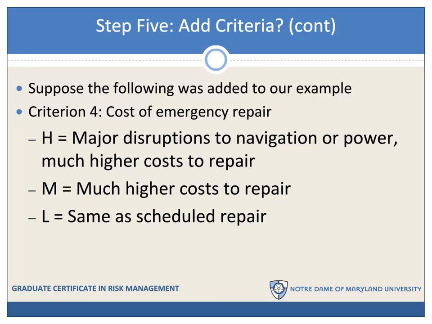If there could be major disruptions to navigation or power and much higher cost to repair, we're going to call that high risk potential. If there would simply be much higher cost to repair without those major disruptions, we'll call that medium risk potential. And if the emergency repair would be the same as a scheduled repair, we're going to call that low risk potential.